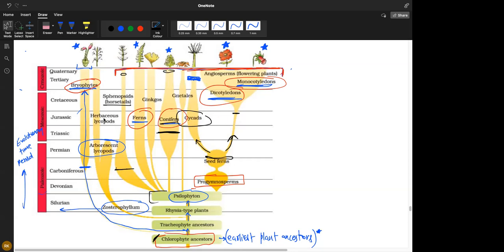So during the Jurassic era, you will see conifers, cycads, ferns, and bryophytes dominating. But as we come to the Quaternary era today, conifers have reduced, cycads have also reduced, ferns and bryophytes are more or less the same, but angiosperms have just blasted, very wide. So the planet is mostly dominated by angiosperms.